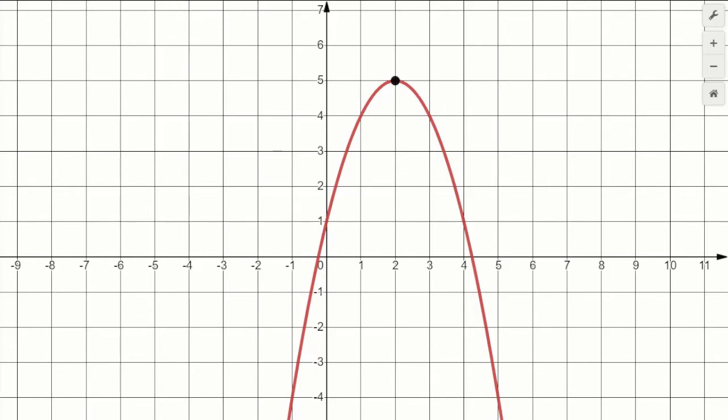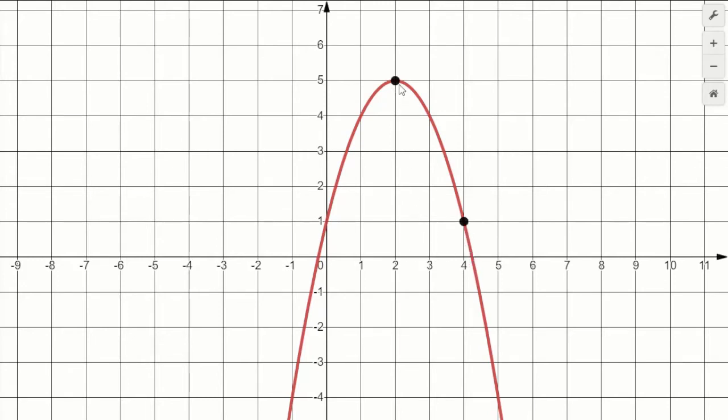Then the final input is when x equals 4, and allow me to put in that other point. These two points reflect the initial input and the final input.